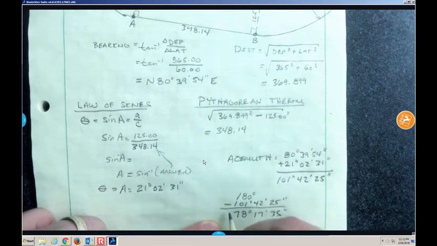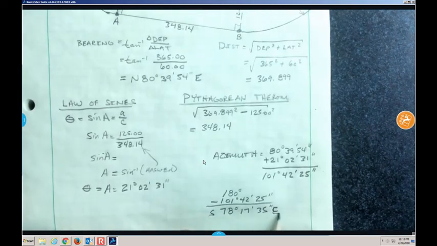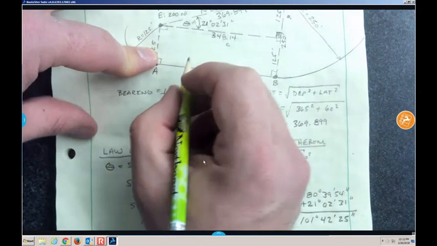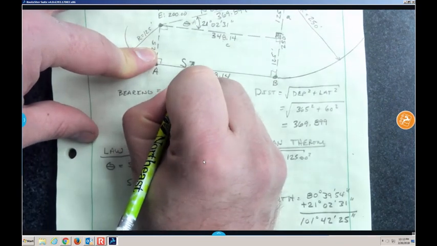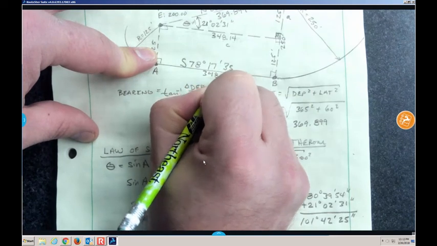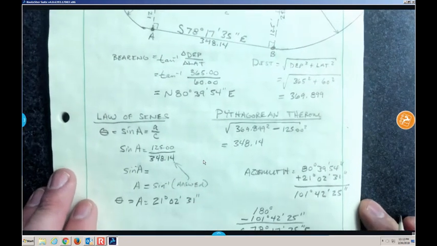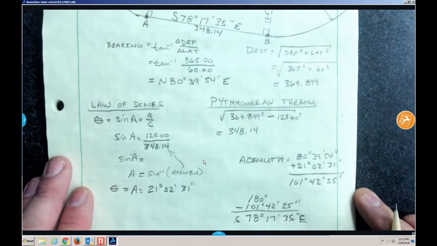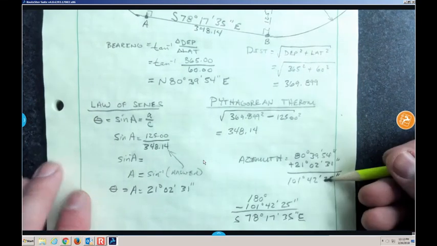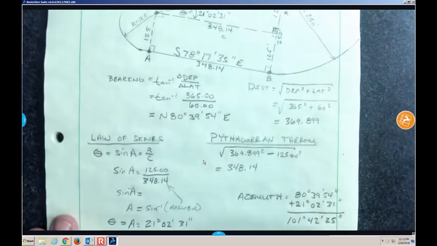That's it. We turned our azimuth into a bearing.